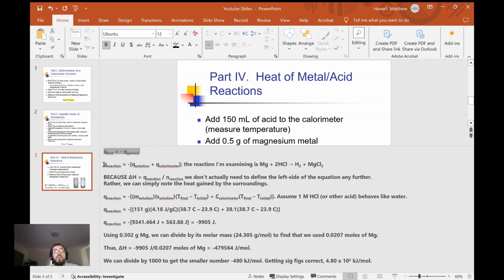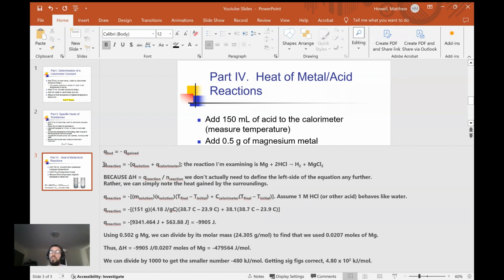Now, what's just a little different about this is we want to think about the magnesium in the solution, and there's going to be chemistry happening in the solution, but part of that solution is actually where the reaction is going to be contained.